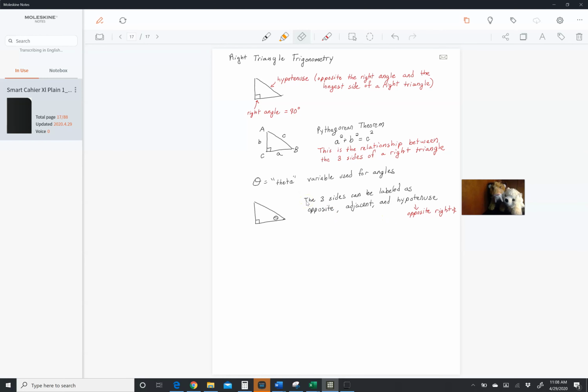The opposite is the one that is not used to form the angle. And the adjacent is needed to form the angle.